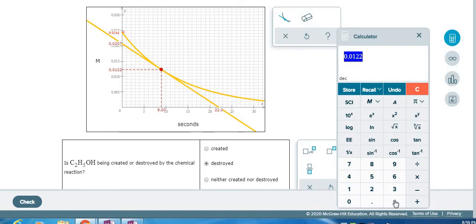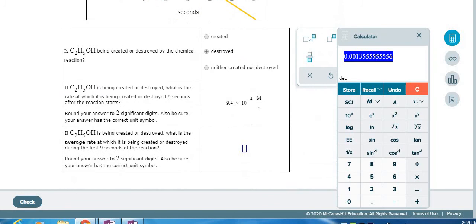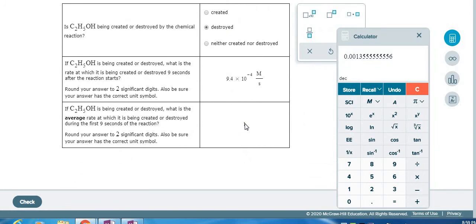Okay, so it's going to give me 0.0244 minus 0.0122, and then it's going to be divided by, if you remember from our lecture, the time to give us the average. So that's going to be 1.3. I think it wants it in 2 sig figs, so it's going to be 1.4 times 10 to the negative third. Okay, we want to get our units right, so it's going to be in molarity per second.